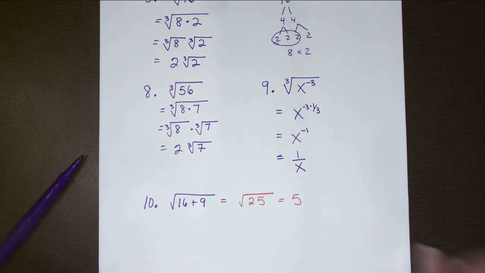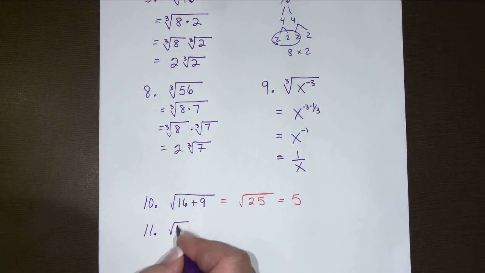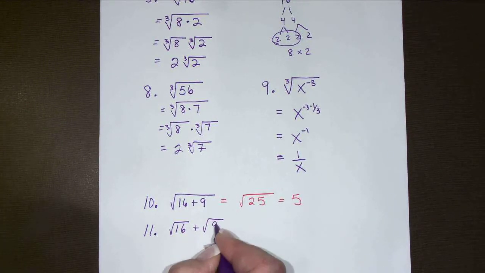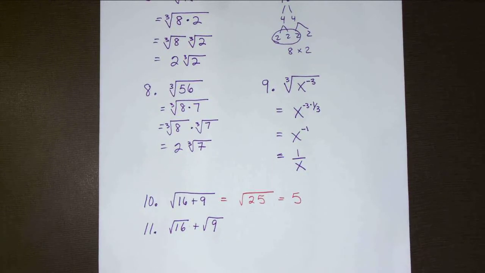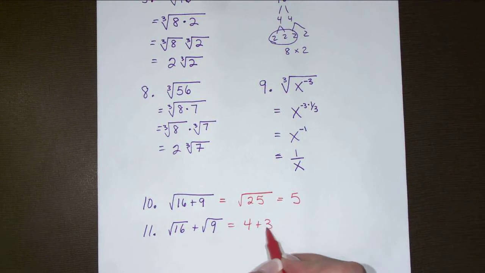Okay. And what's the answer to this one? Four plus 3, 7? Are they the same? No. And hopefully a lot of you know that and didn't do the wrong thing.